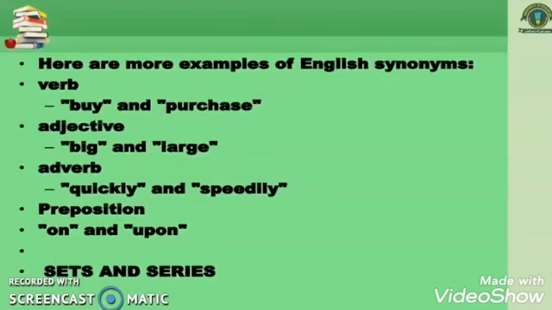On and upon both have the same meaning or sense, but can be used in different situations as well. So these all are very interesting words which we commonly use in our daily routine, but they are also a part of the synonyms.